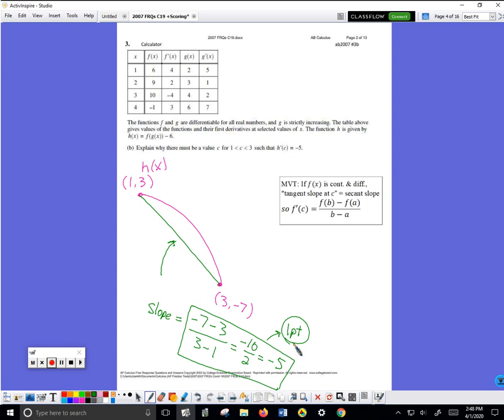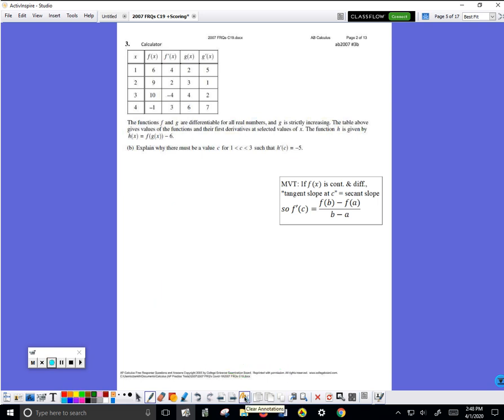Then I have to do the right wording to get the second point. So let's copy this over. Clear this off. The wording would be this.